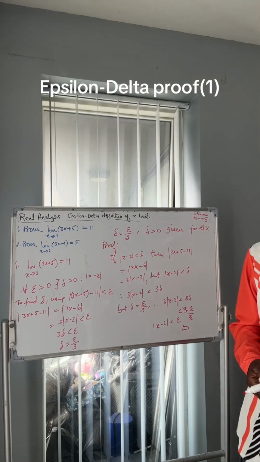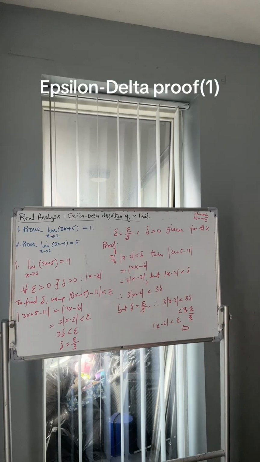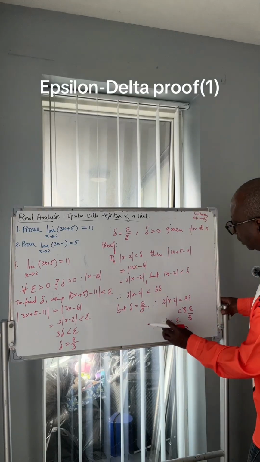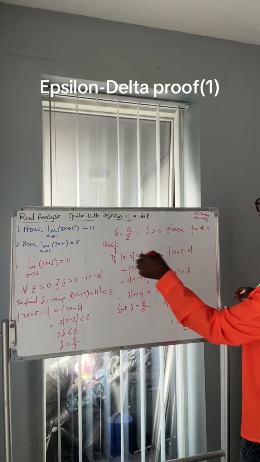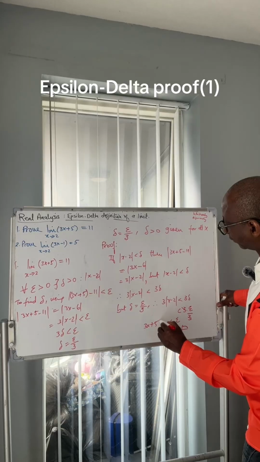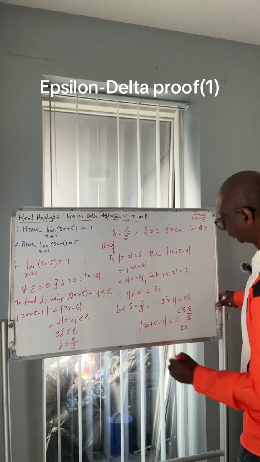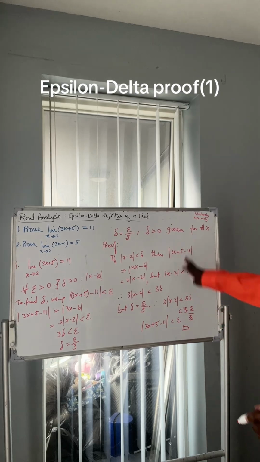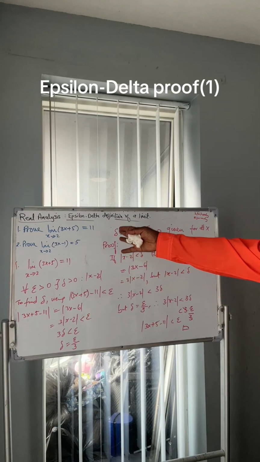You've now proven that, in fact, this equation, you should write the full equation, 3x plus 5 minus 11. This is what you want to show: the function here and the limit.